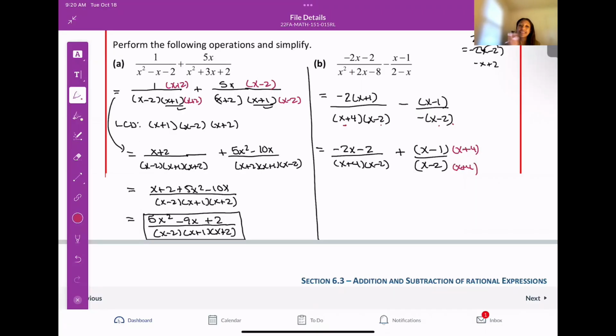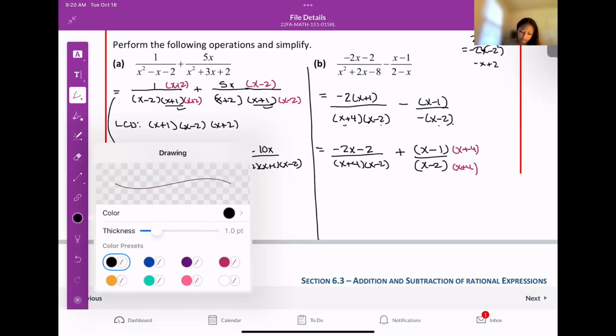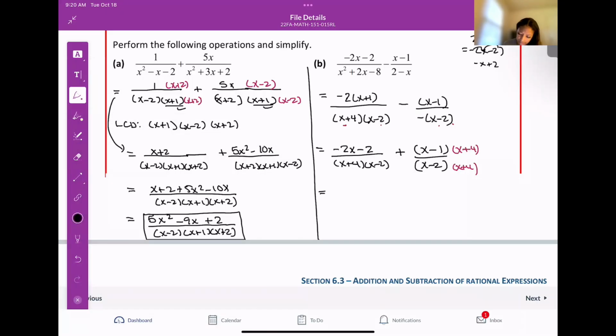All right, this is nicer to multiply. Previously, we would have gotten cubics and it would have been doable, but just would have taken a little bit longer. All right, this gives us negative 2x minus 2 over (x plus 4)(x minus 2) plus x squared plus 3x minus 4 over (x minus 2)(x plus 4).